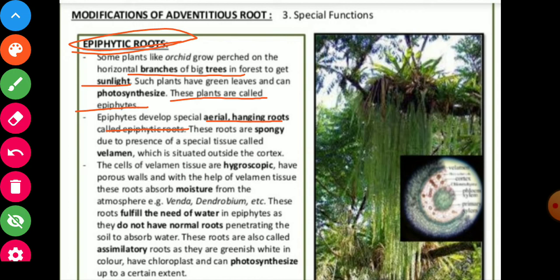These spongy roots develop from velamen tissues, and they are hygroscopic, means they absorb water from the atmosphere. They absorb moisture from the atmosphere. So they are found in Vanda, Dendrobium. Some plants have epiphytic roots for absorption of moisture from the atmosphere.